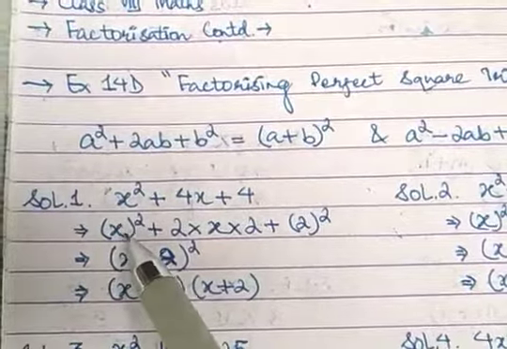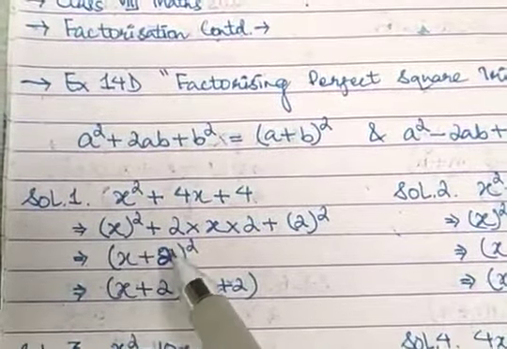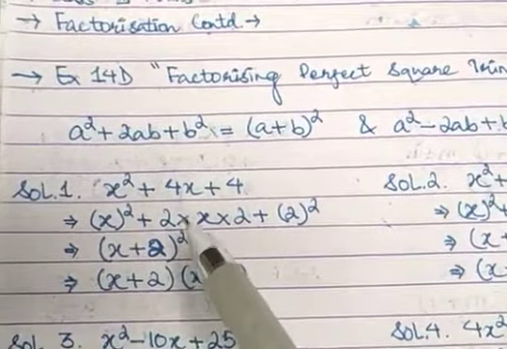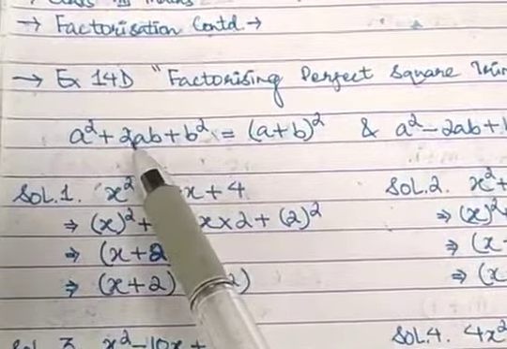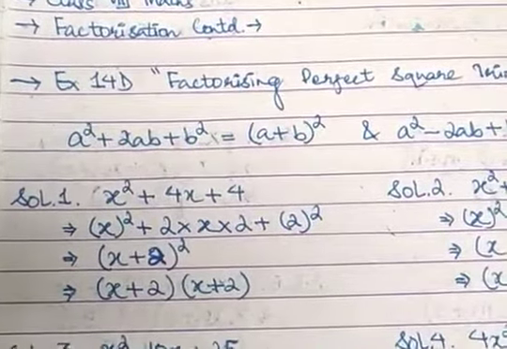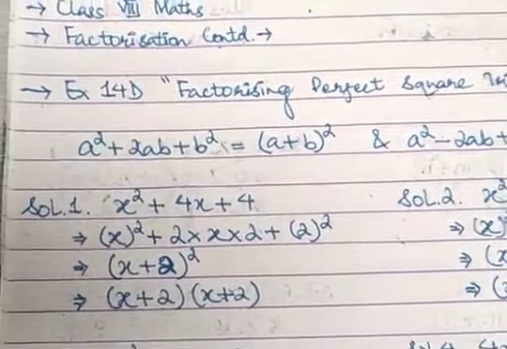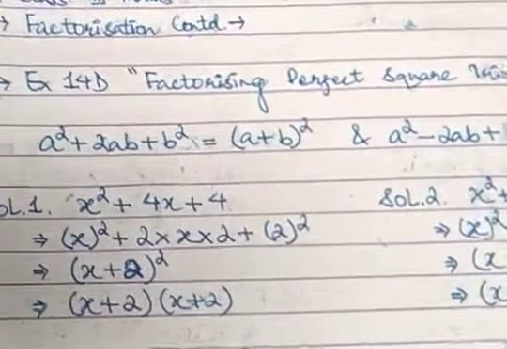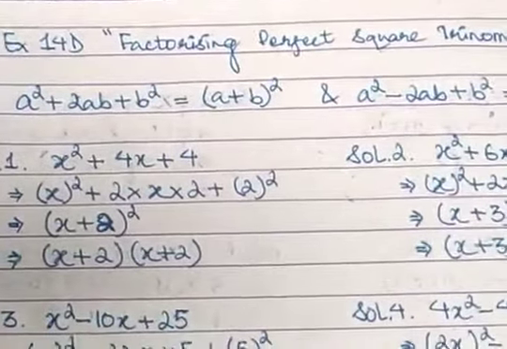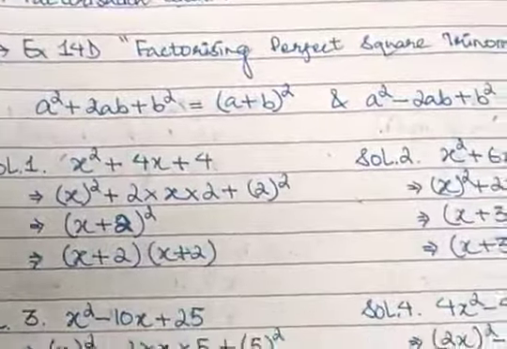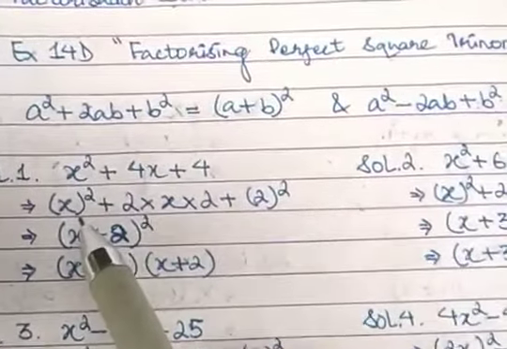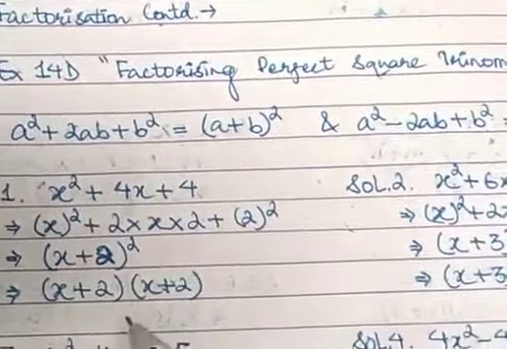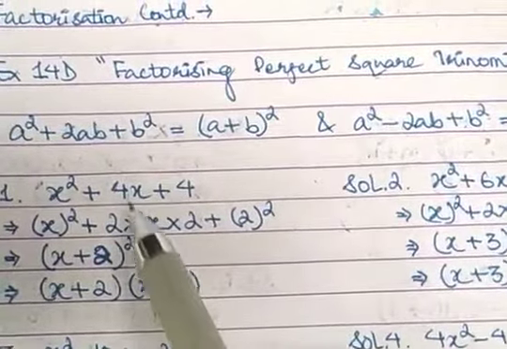In place of a, I have taken x, so x whole square plus 2 into a, which is x, so 2 into x. Now the middle term we have is 4x.